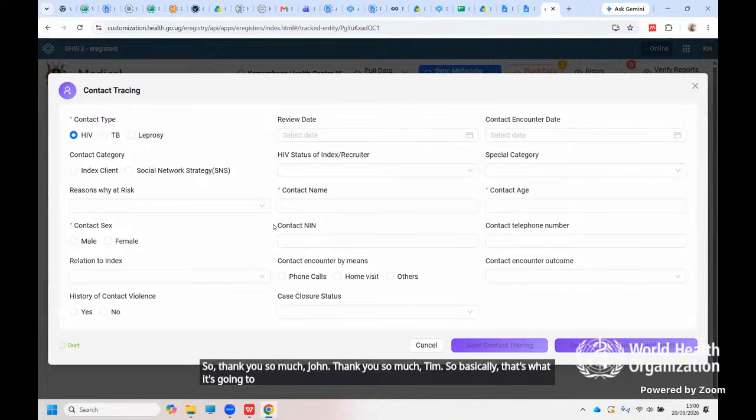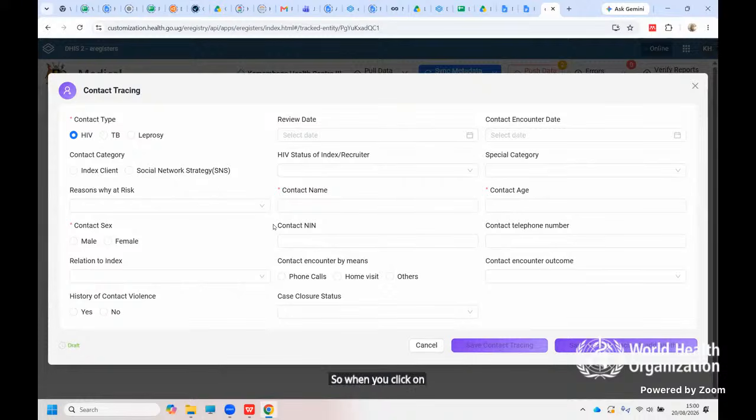It's good that you asked this question. Just like John mentioned, for someone to have a test, let's say an index client, you must have started with a client who's HIV positive.